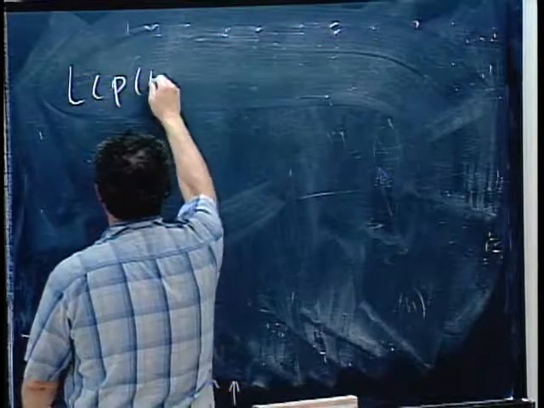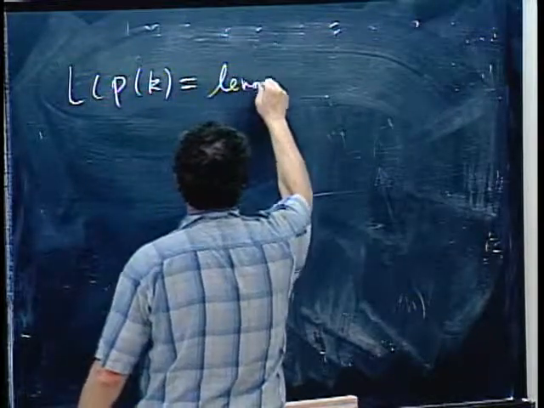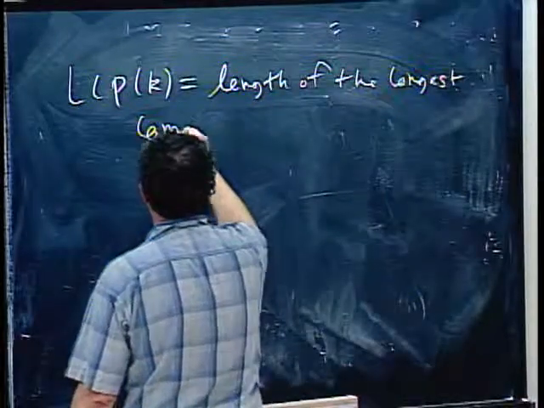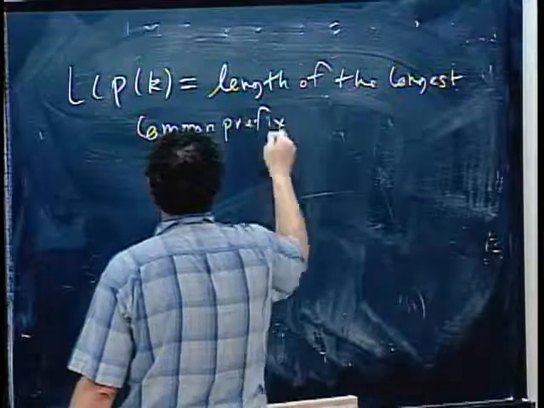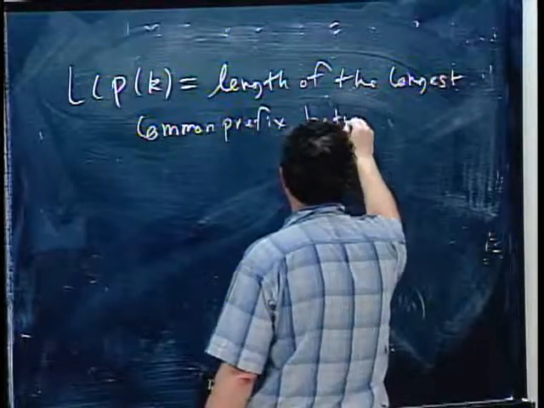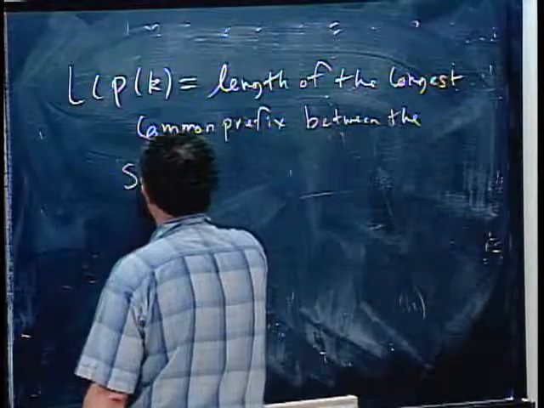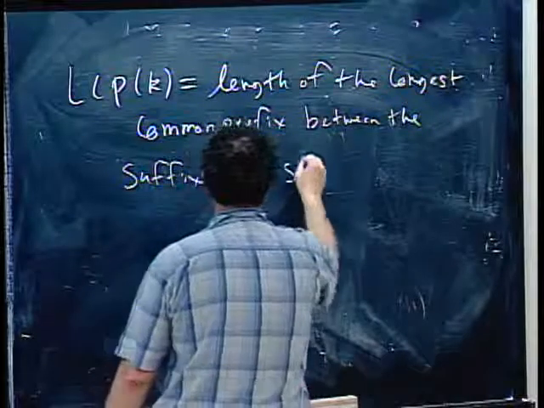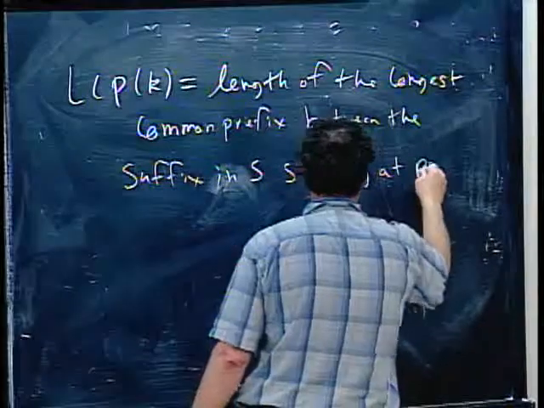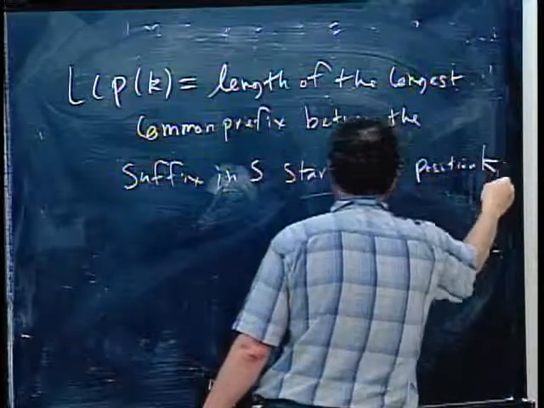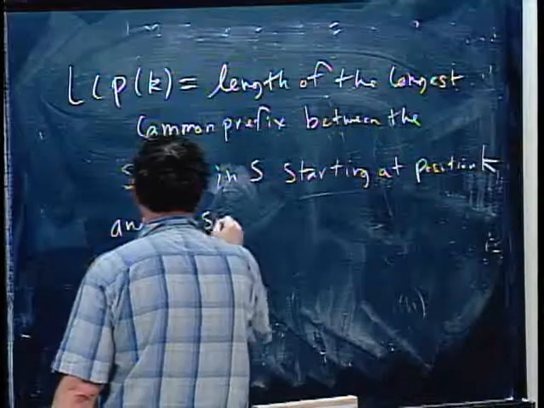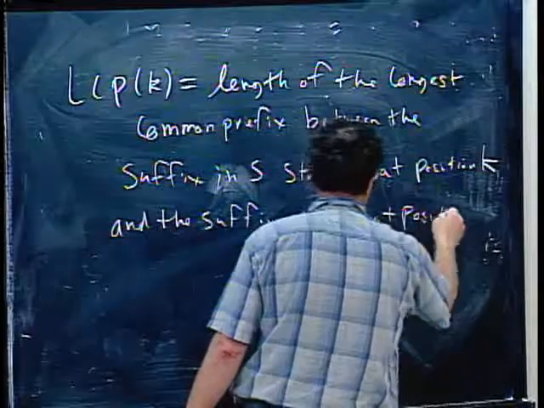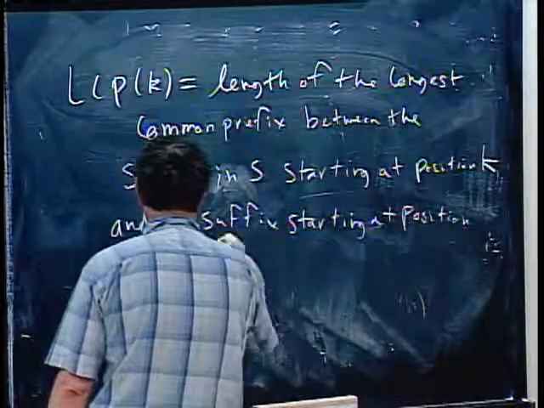So LCP of k is equal to the length of the longest common prefix between the suffix in S starting at position k and the suffix starting at position pred k.